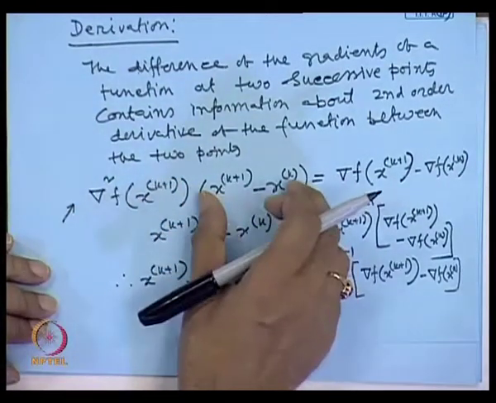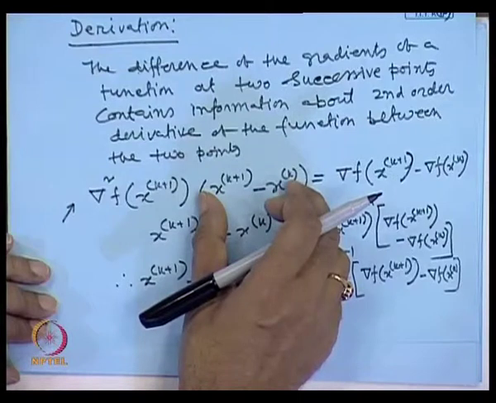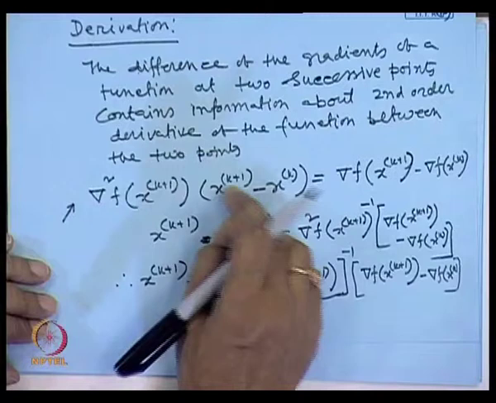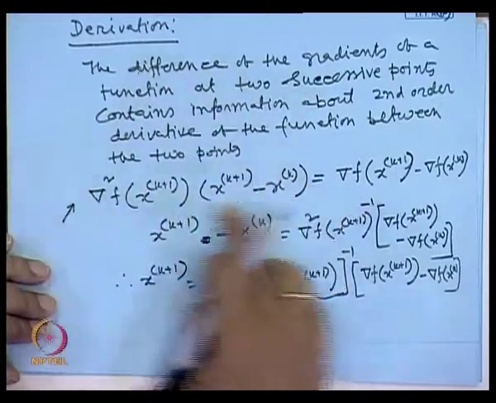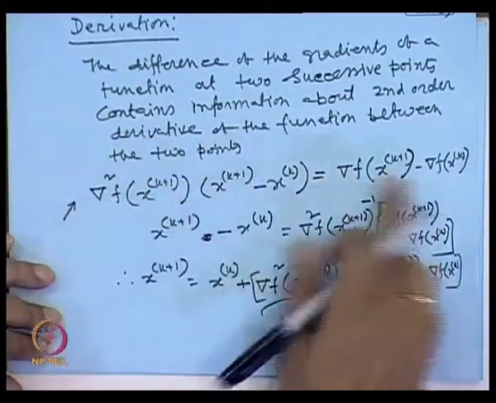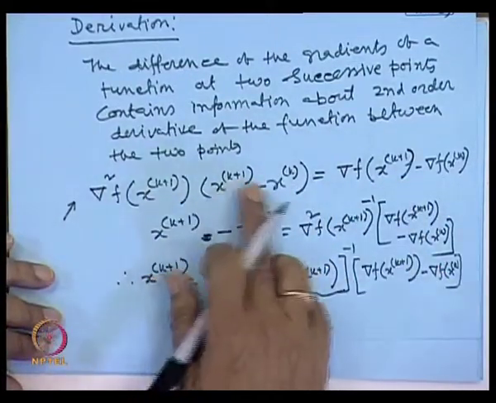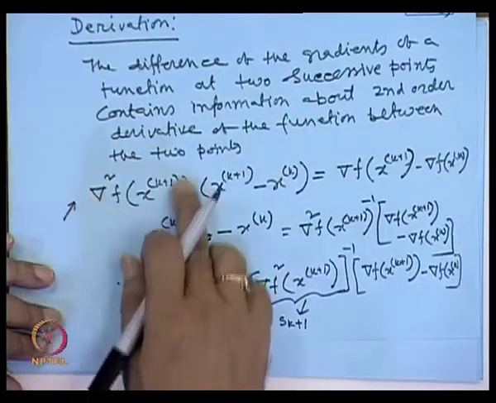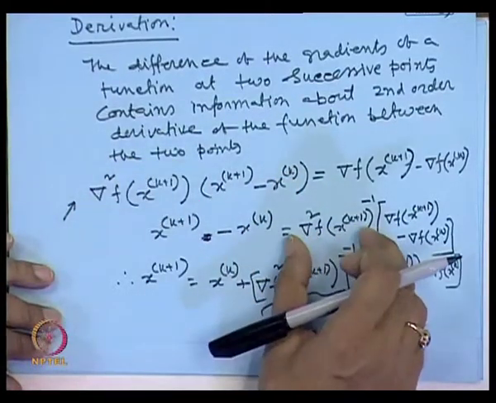If you multiply it by the change in the variable, then this is equal to an expression you can write. From there I rearranged yesterday: x k plus 1 minus x superscript k is equal to this Hessian matrix inversion.